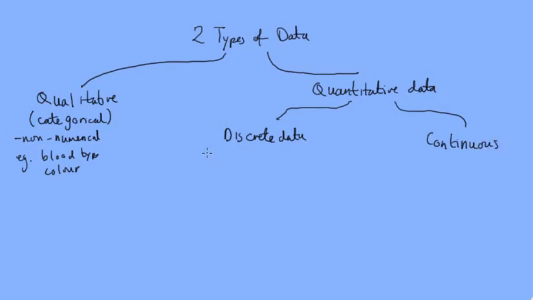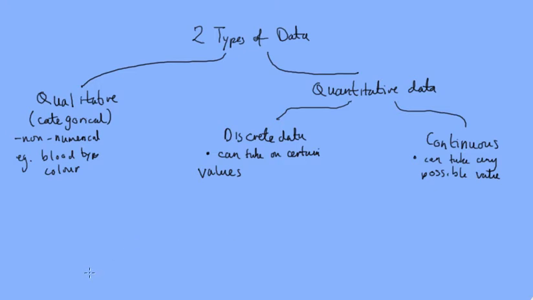So discrete data is data which can only take on certain values, and continuous data can take any possible value.